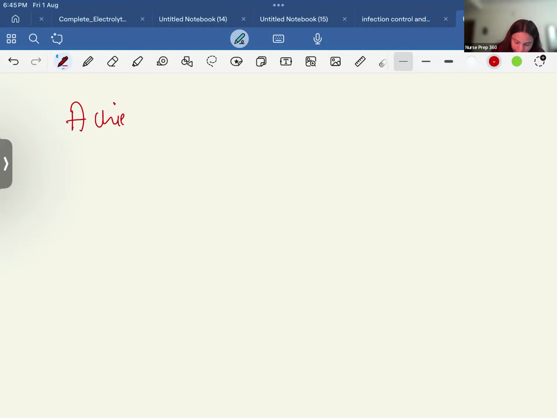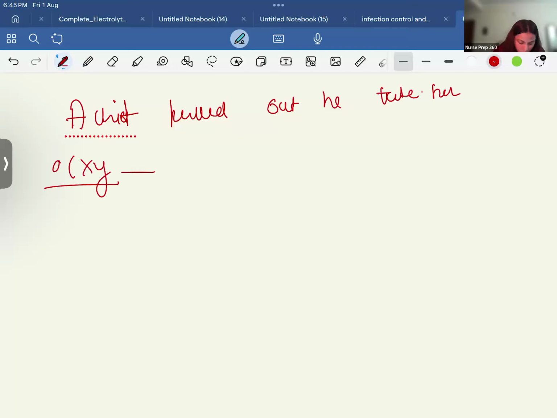Occlusive dressing. Okay, glove hand. A client pulled out the chest tube. Arrange for chest X-ray, or reinsert the tube.